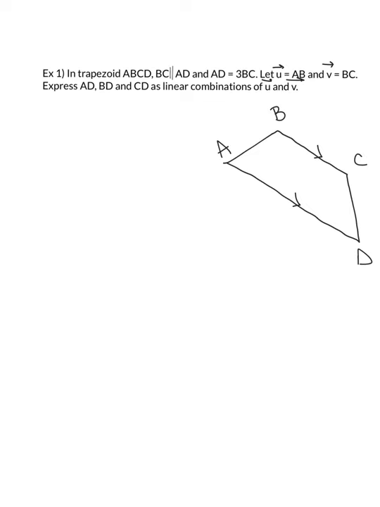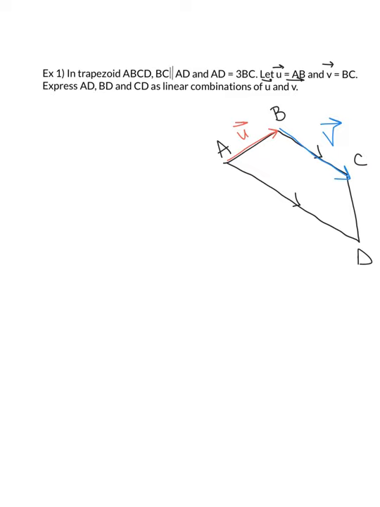We have vector u equaling AB. So this is vector u, and vector v is equal to BC. So this is vector v. Express AD, BD, and CD as linear combinations of vector u and vector v.